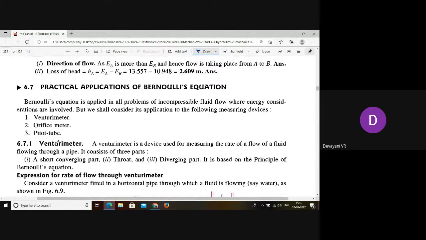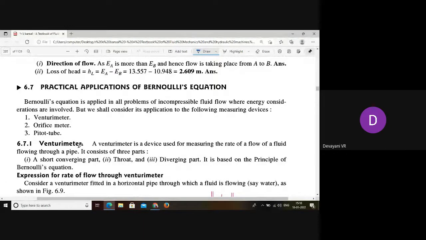Coming to the first device, the venturimeter, what is the use of a venturimeter? This machine is used to measure the discharge flowing through a pipe.